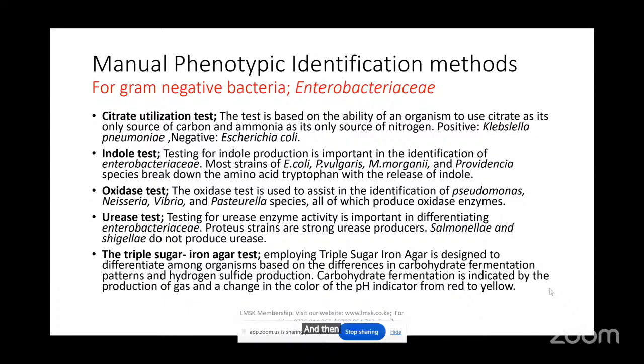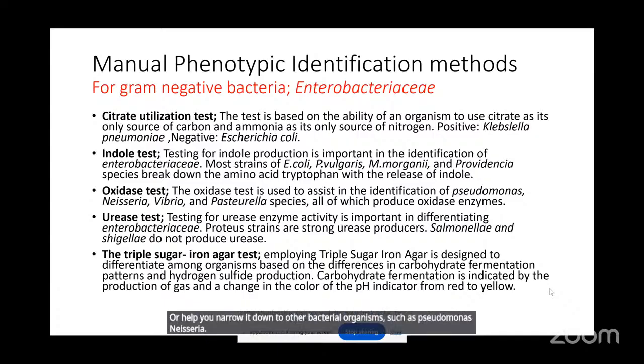Those are mostly known to release indole and are indole positive. And then we have oxidase test. It's not really used to narrow down your Enterobacteriaceae family, but it will help you negate Enterobacteriaceae or help you narrow it down to other bacterial organisms such as Pseudomonas, Neisseria, Vibrio, Pasteurella species.